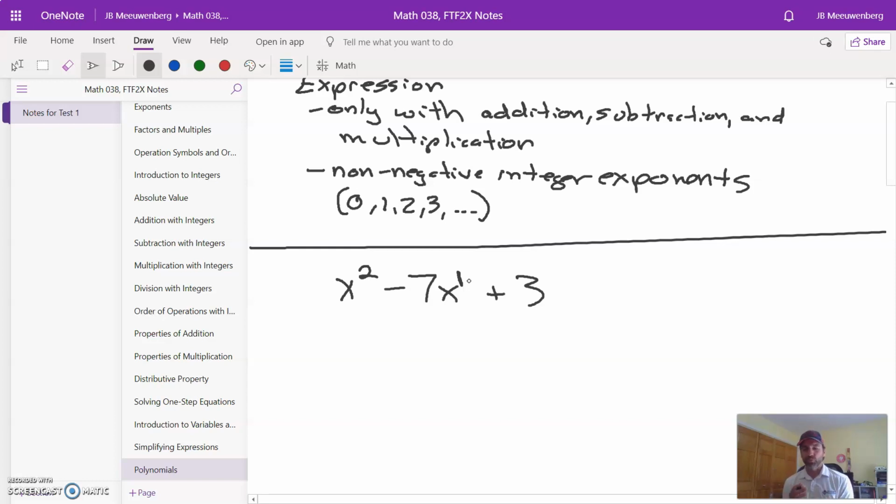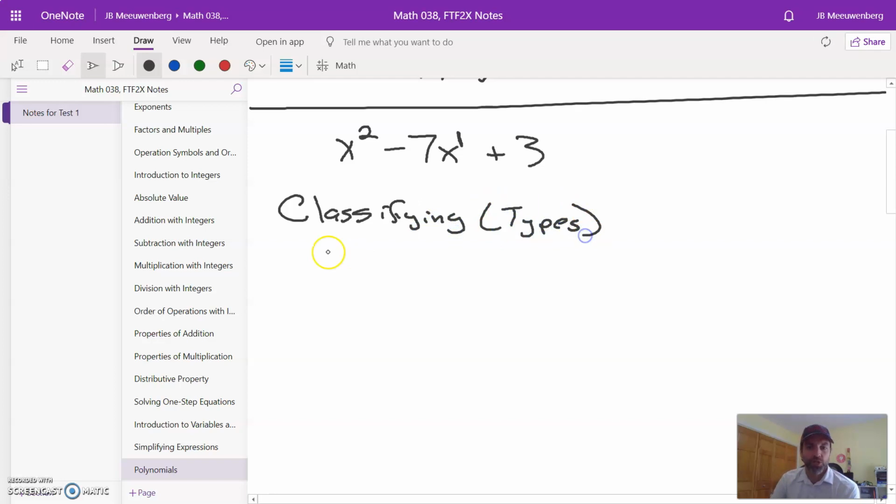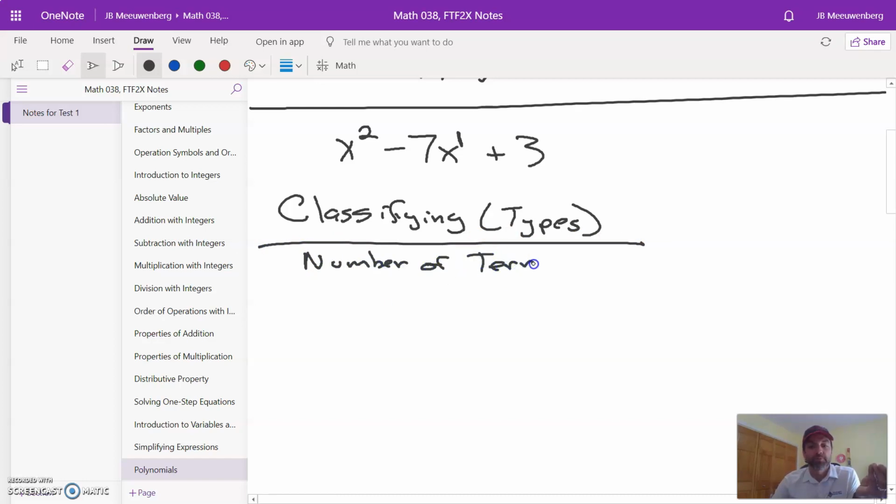But as we dive deeper into polynomials here, we're going to look at what's called a classification system of polynomials. Classifying, which means different types of polynomials. So the first thing we're going to look at is the number of terms.